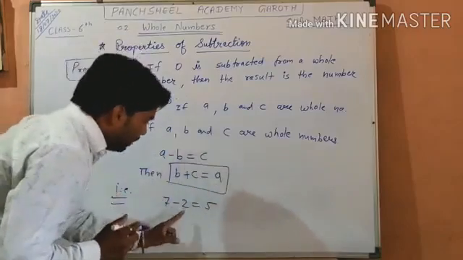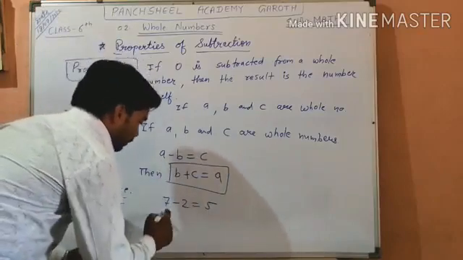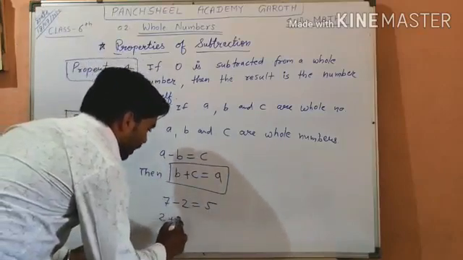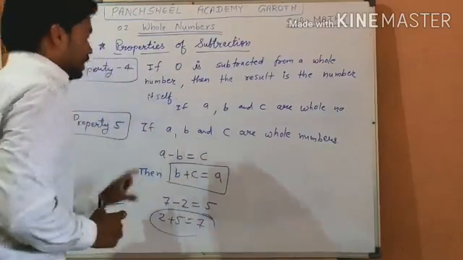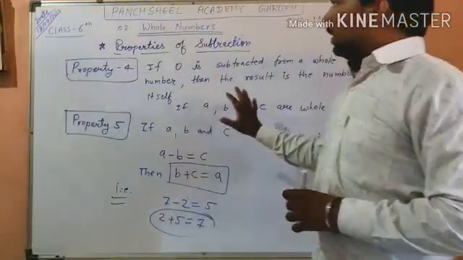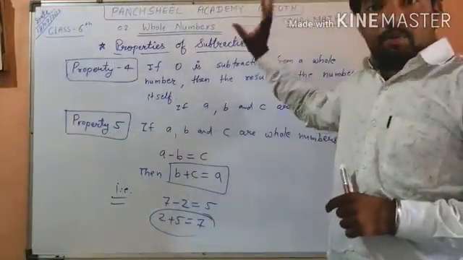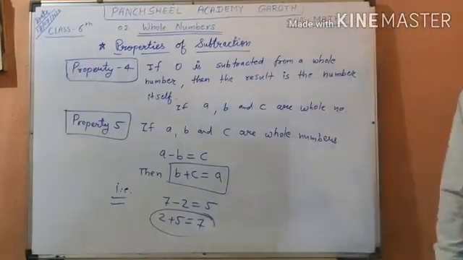Okay. So 7 minus 2 equal to 5. So 2 and 5. 2 plus 5 equal to 7. Got it? So this is property 5. In this way we have completed property of addition, property of subtraction. Okay, in this chapter. You have to write it.